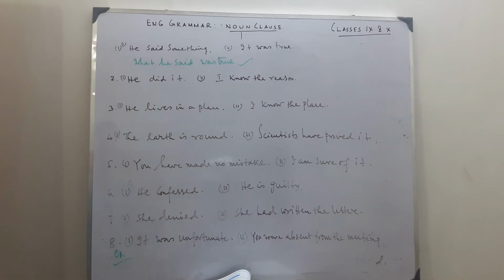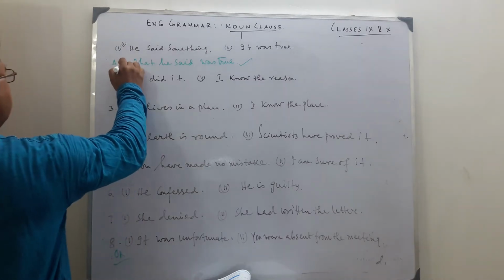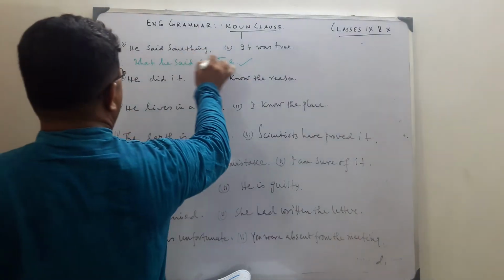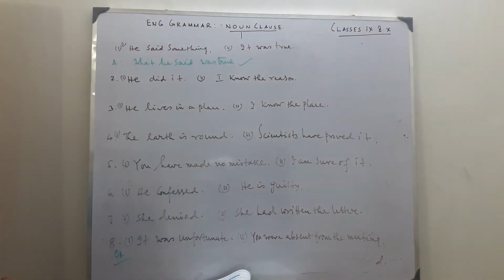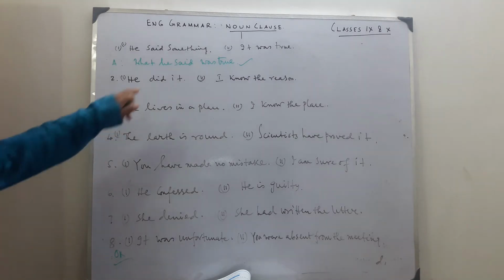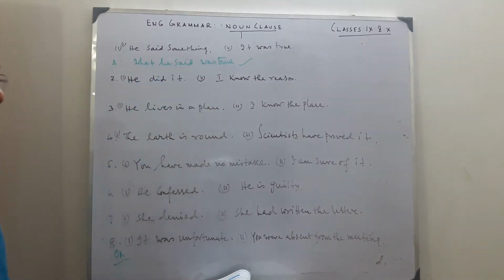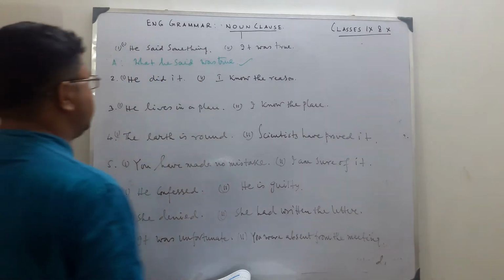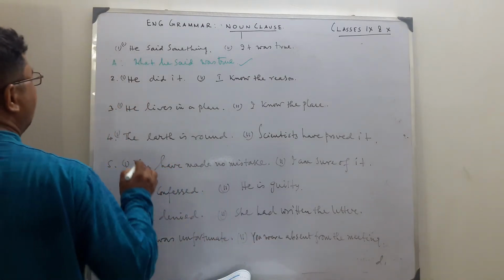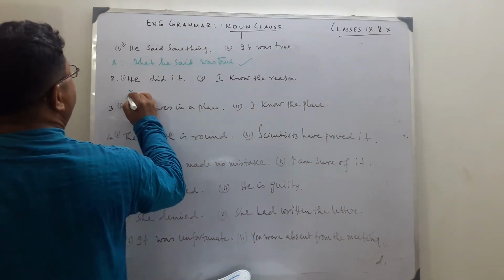Clear? So this is the answer of this question. This is the noun clause of this sentence. If you join these two sentences, the answer is: what he said was true. Next, he did it. I know the reason. I know why he did it.